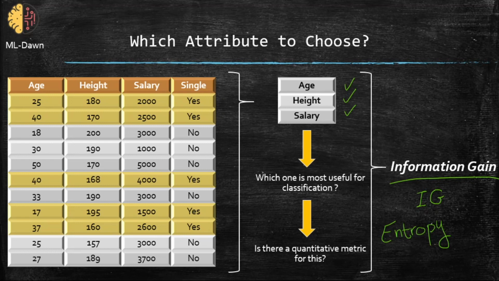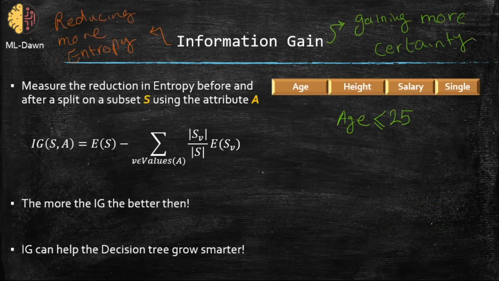That is what we call the entropy of our set, denoted as E(S). That is what you see here in this formula, this bit right here. It means entropy, let's just use E to show that, before the split.